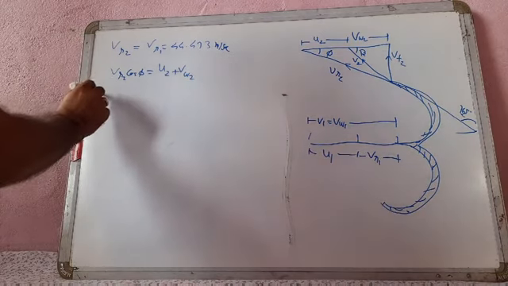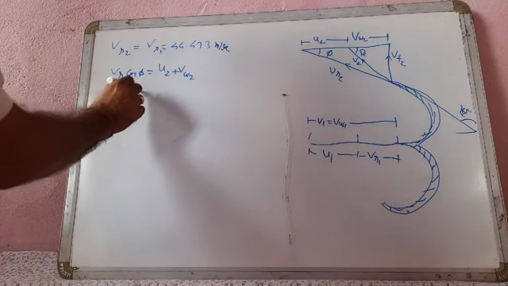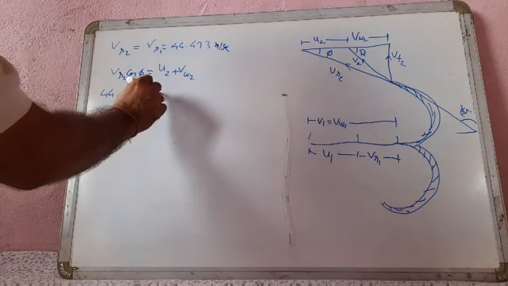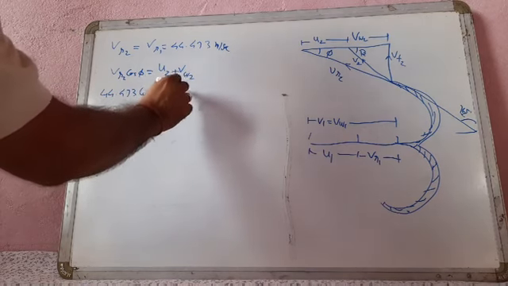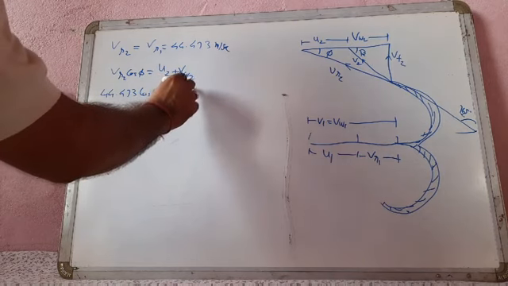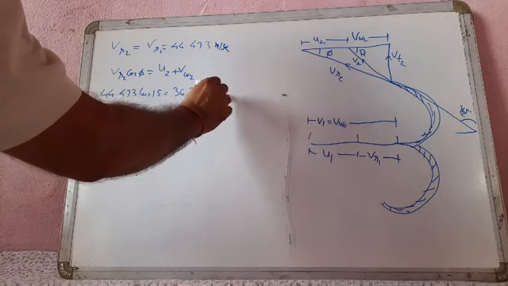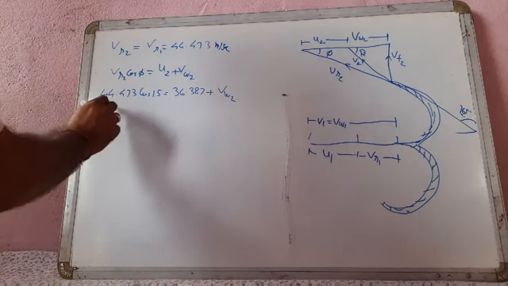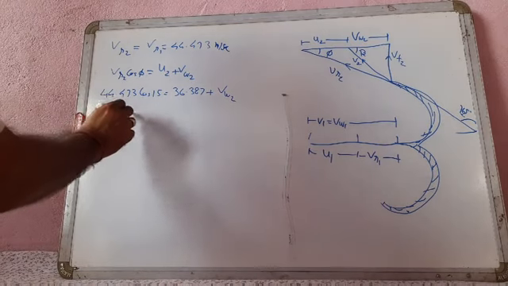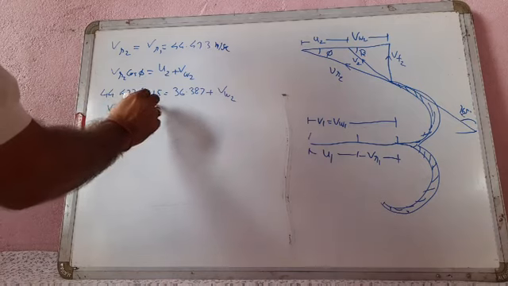Putting the values here, 44.473 cos 15 equal to U2, which is 36.387, plus Vw2. So here the value of Vw2 comes 6.57 meter per second.